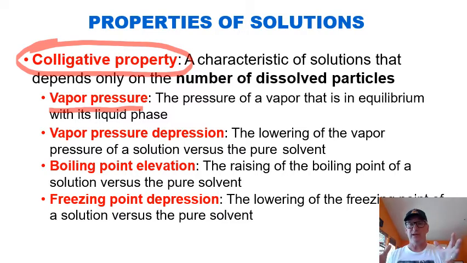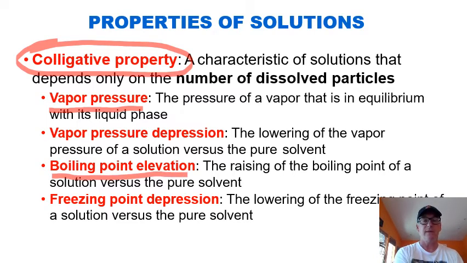We sort of have an equilibrium taking place. We have a certain amount of gas in the air, and we have a certain amount of that gas returning to make water. If we dissolve a bunch of stuff in the water, we have less of that water escaping into the gas phase, because now in that solution, less of it is water, and so the pressure goes down.